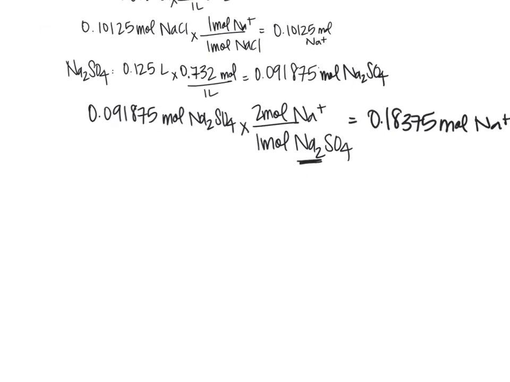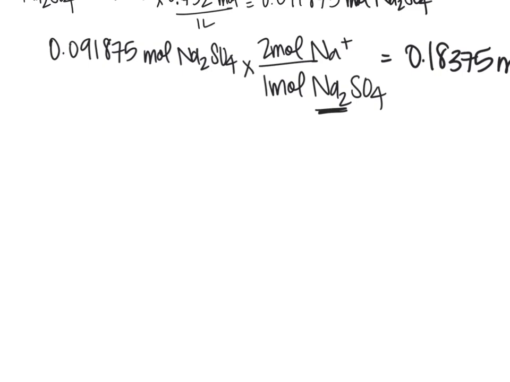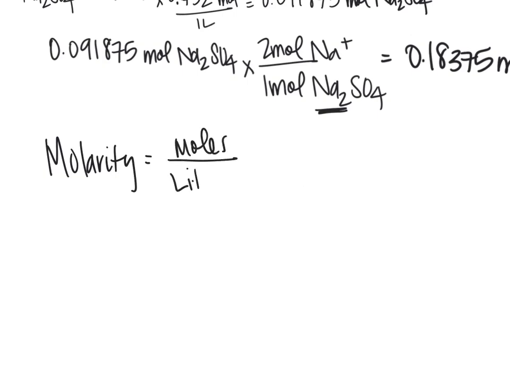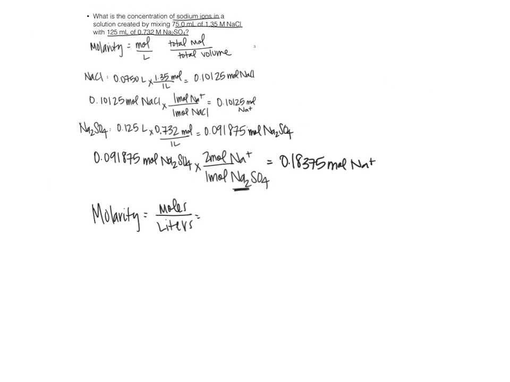So our goal is to calculate the molarity, which is again moles over liters. So we need to sum up the concentration of sodium ions. It's going to go up here.